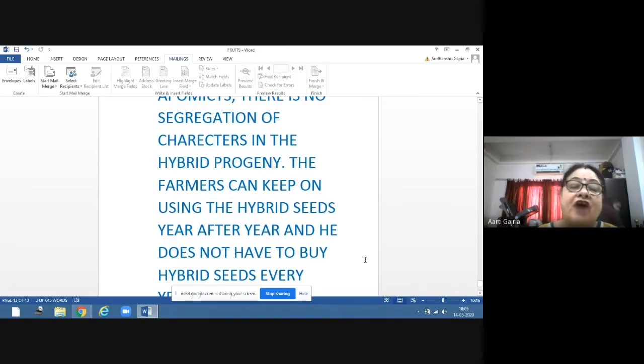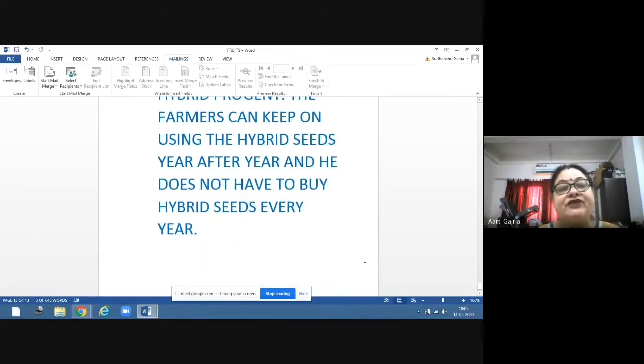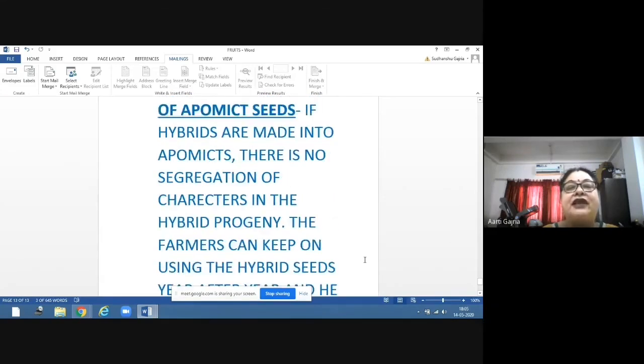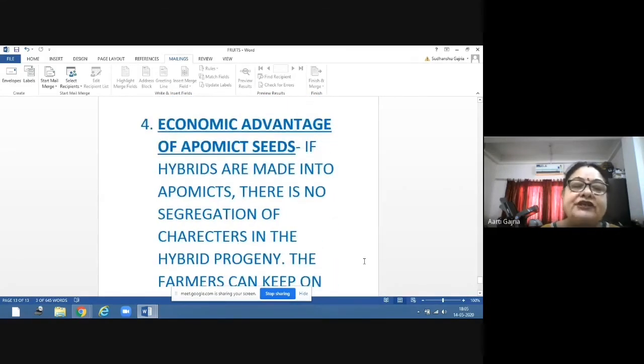Otherwise, the farmer has to buy hybrid seeds every year to ensure good quality plants. Apomictic seeds are like asexual reproduction, so there is genetic similarity between the parent plant and the progeny.